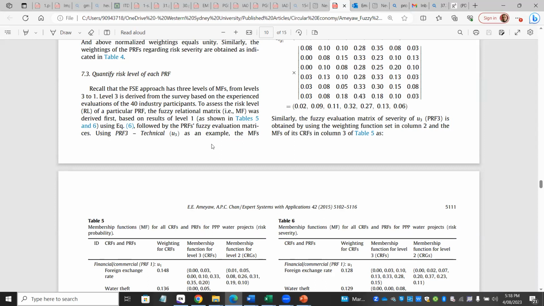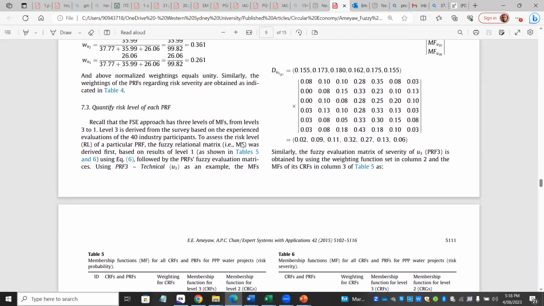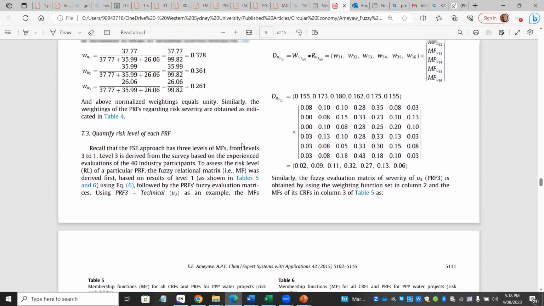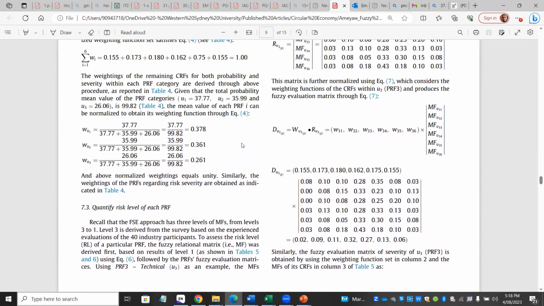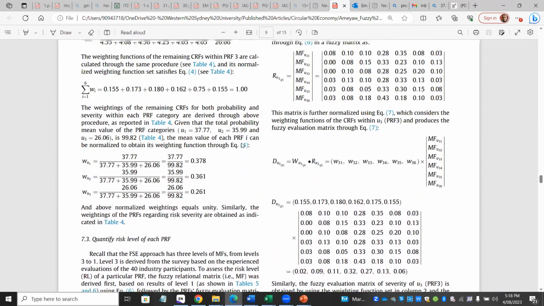So we are just using an example. If you take technical, which is in group 3, how was it derived? In other words, how was the membership function? Because already we have determined the membership function of each of the factors. Now we want to get the groups. How do we get that?